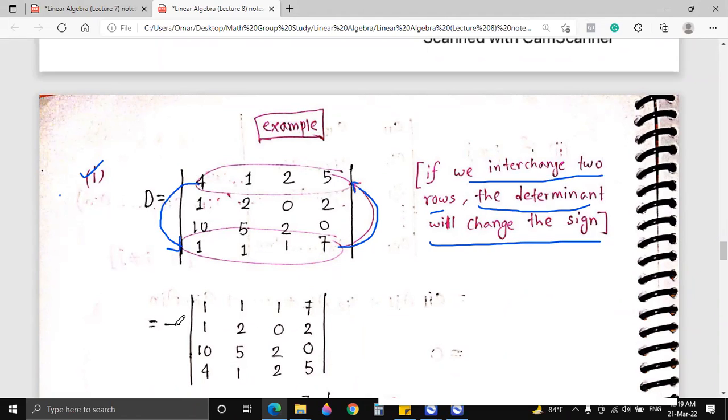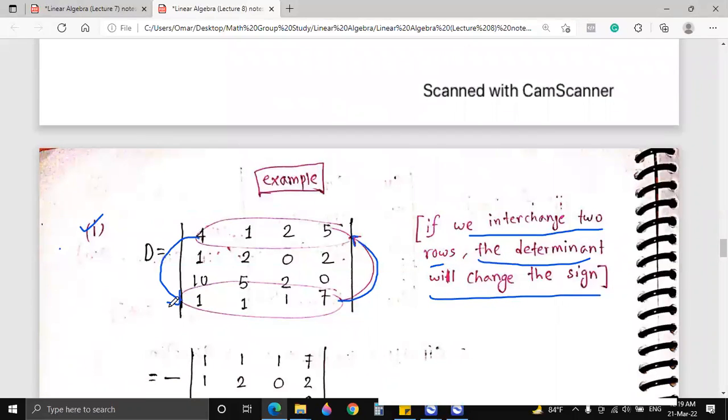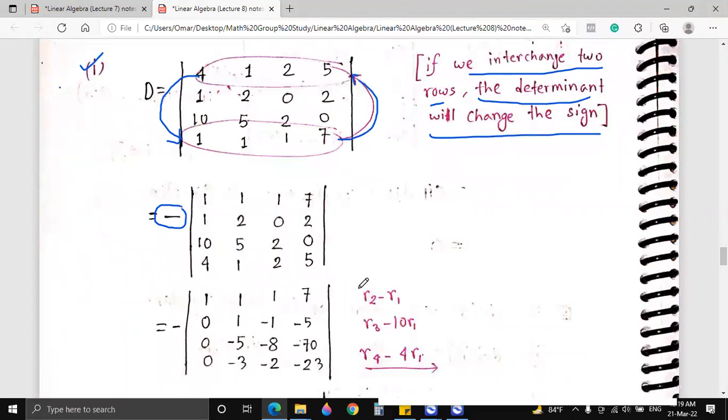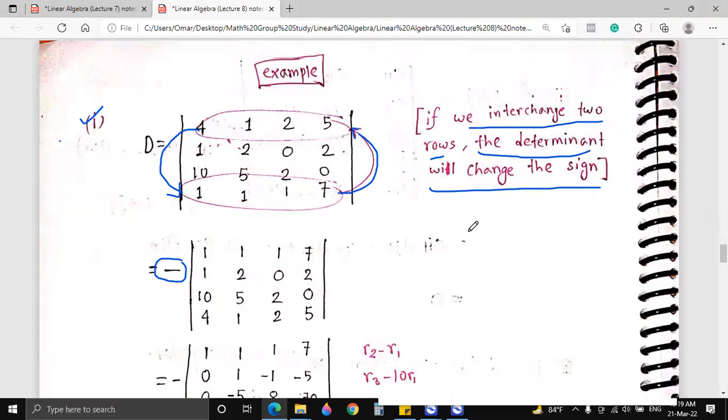Then we have to take a minus here. That means our sign will get changed because we changed a row. So, guys, if we change a row, then our determinant sign will change.